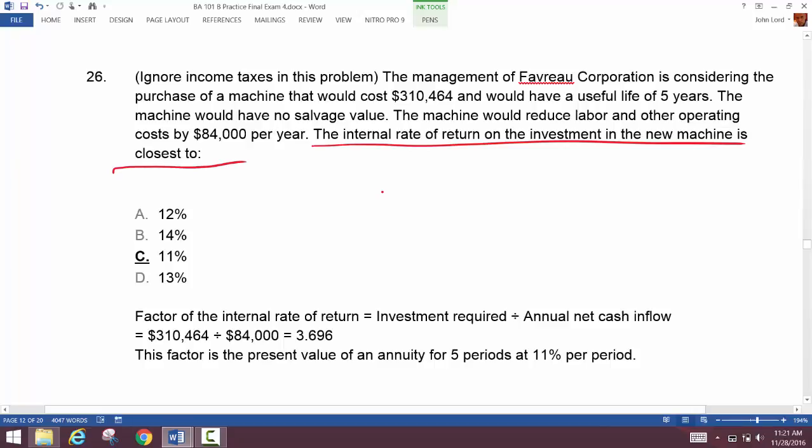So I have to take my cost, which for this machine is 310,464, and that has to be equal to the present value of my cash inflows, right? And my cash inflows here are what, 84,000?